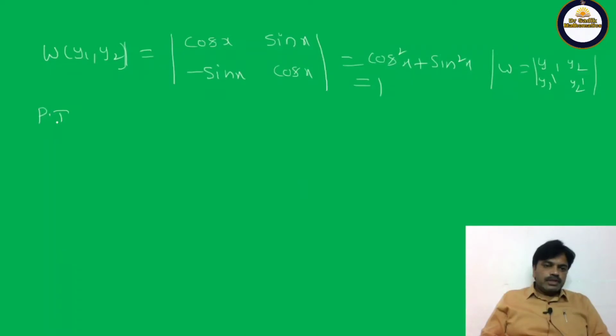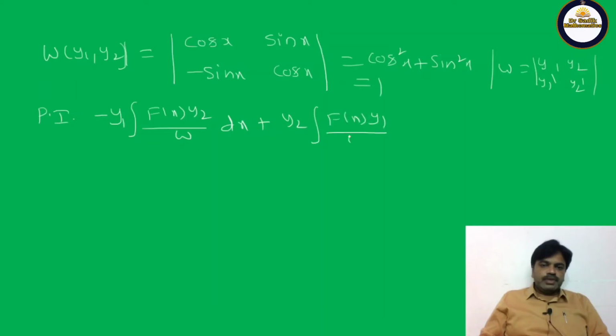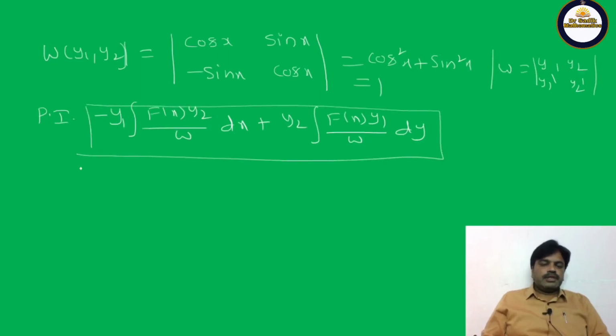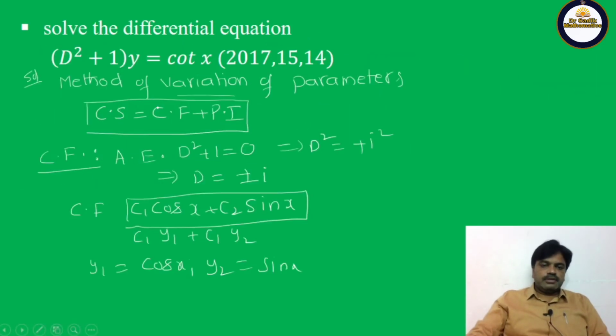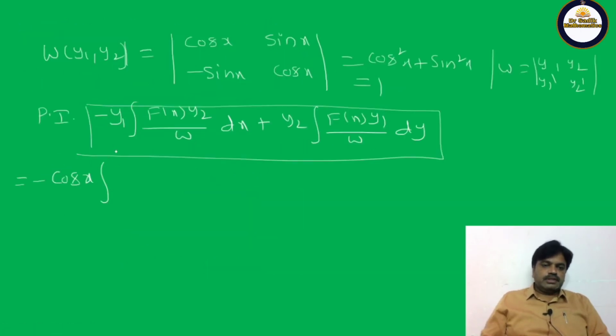Now we want to find the particular integral. The particular integral formula is minus y1 integral of f of x into y2 by W dx, plus y2 integral of f of x into y1 by W dx. Here y1 is cos x, f of x is cot x, y2 is sin x, and W value is 1.